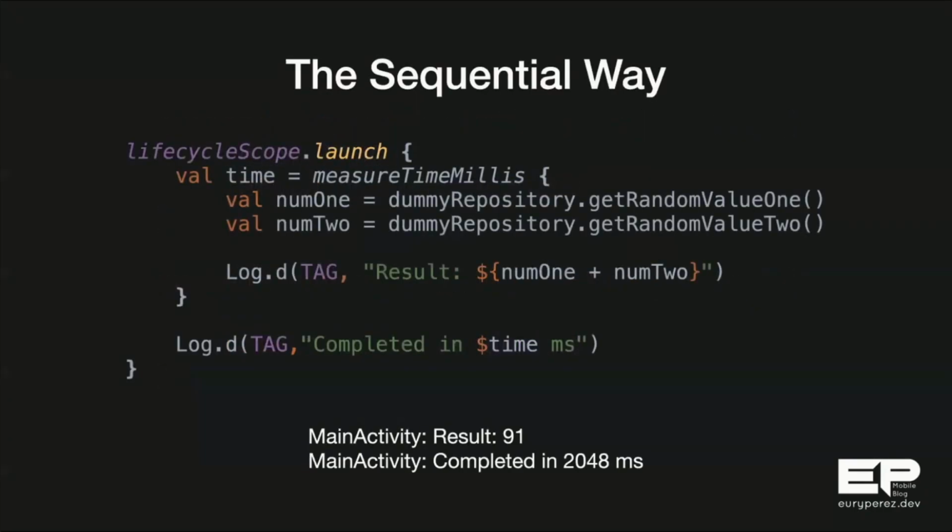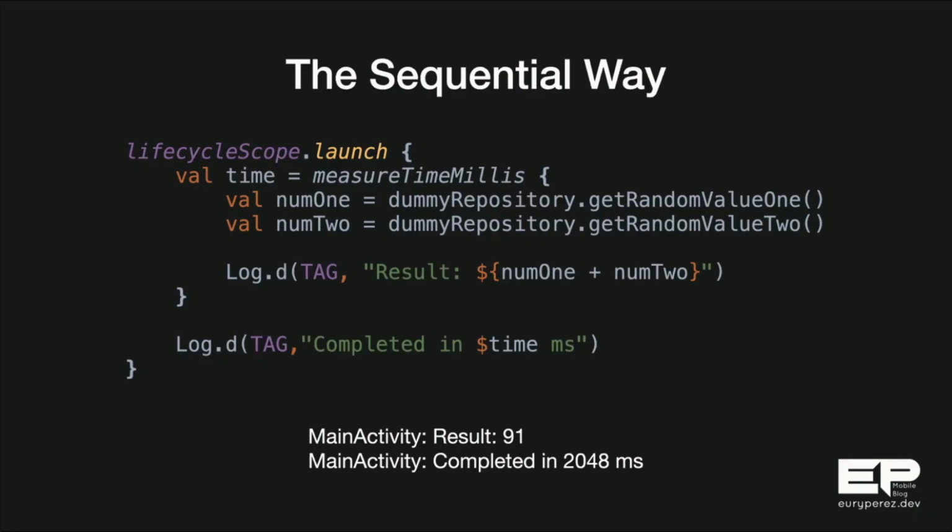Here we also have another coroutine builder that I didn't mention before, measureTimeMillis, which will return the time in milliseconds that your task lasted. So we are launching a new coroutine with the measureTimeMillis builder, and we are executing our two suspend functions, get random value 1 and get random value 2.